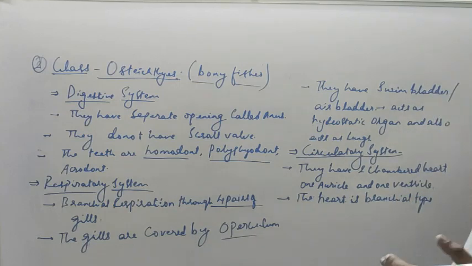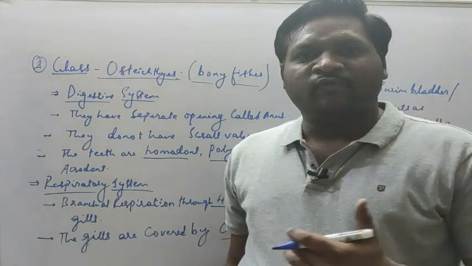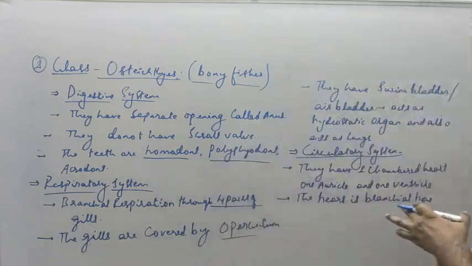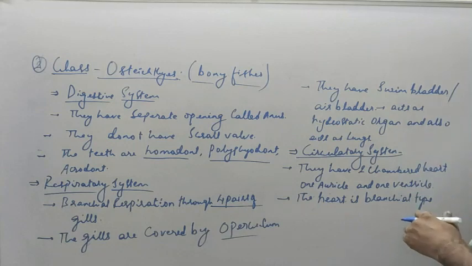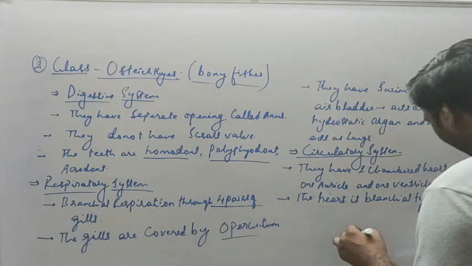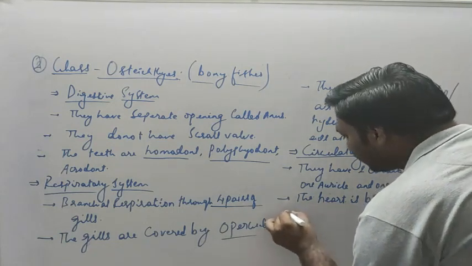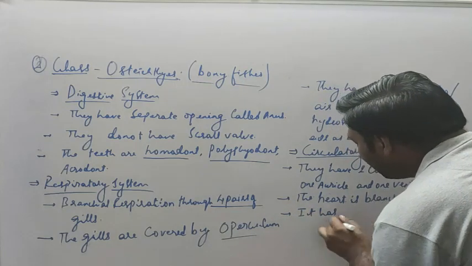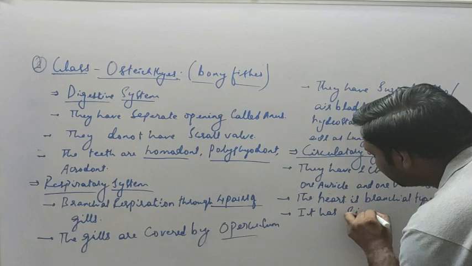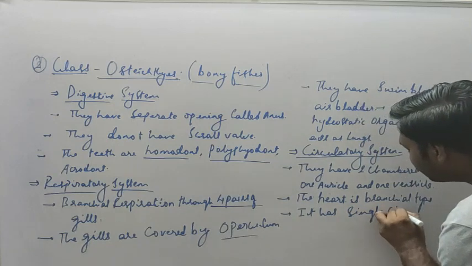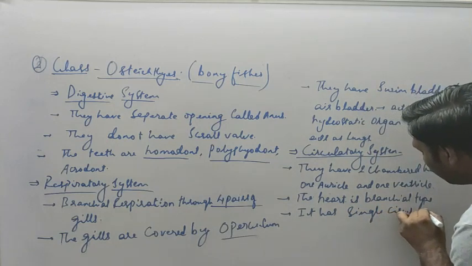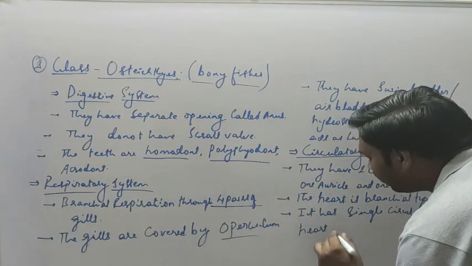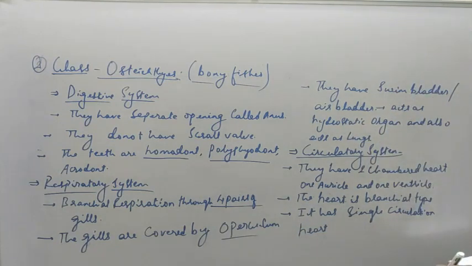Branchial type means there will be flow of only deoxygenated blood through the heart. So that type of heart is referred to as branchial type, and it has a single circulation heart.